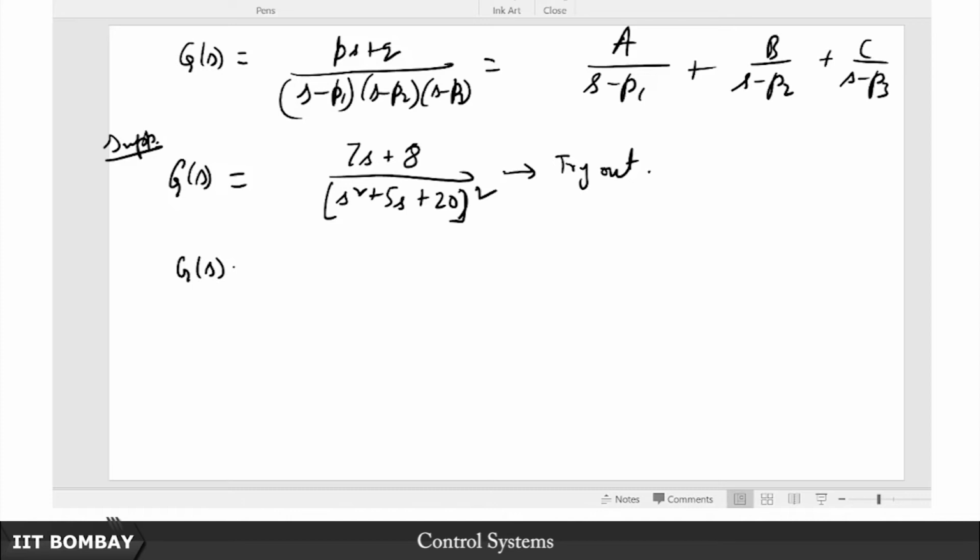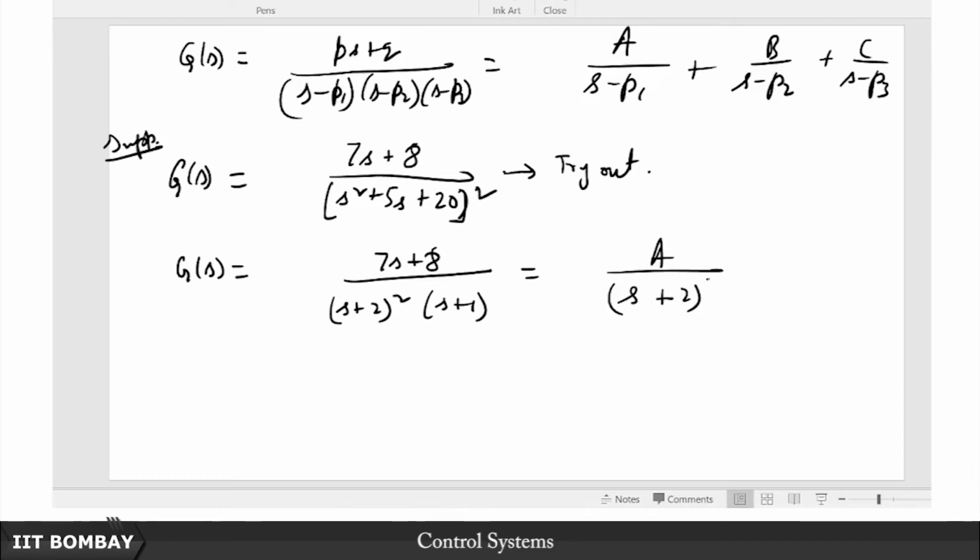I will take the same (7s plus 8) divided by (s plus 2) squared times (s plus 1). We know that we have to expand this in the form A by (s plus 2) whole squared plus B by (s plus 2) plus C by (s plus 1).